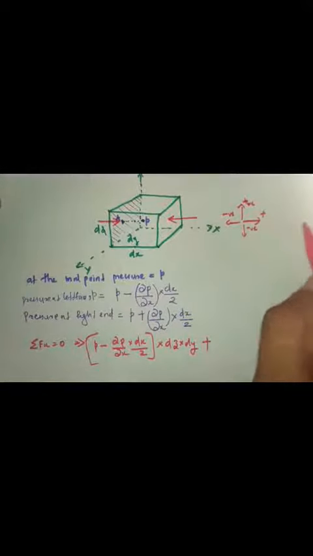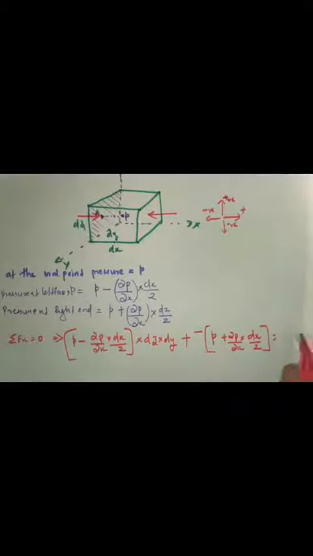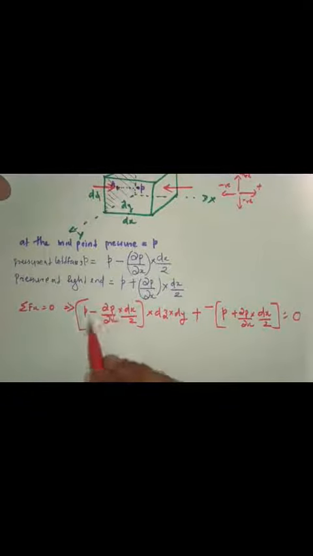So plus in the negative direction, minus on the right side, P plus dou P by dou x into dx by 2, is equal to 0, into that area.